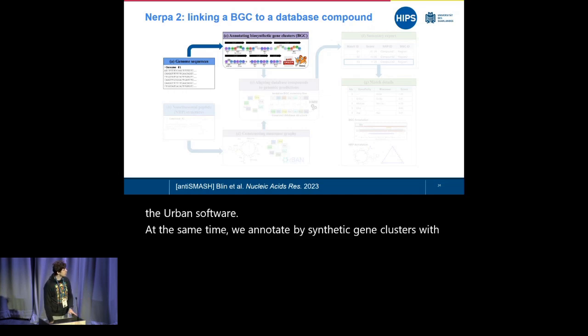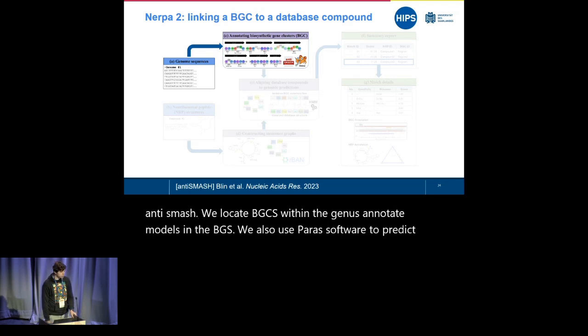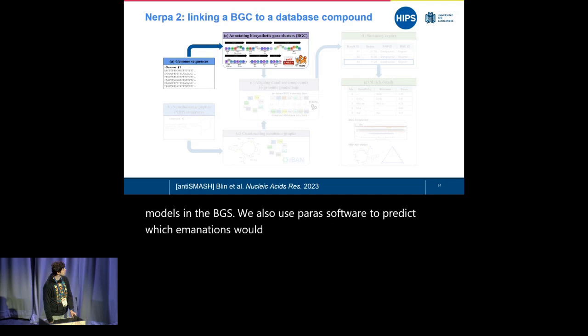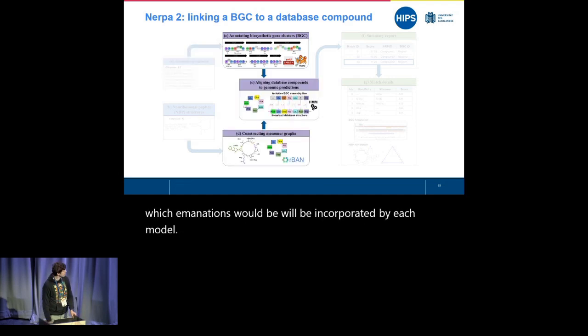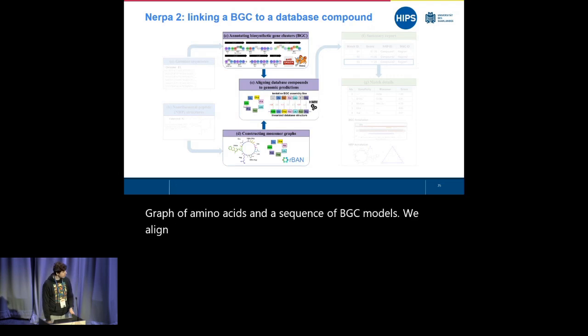We locate BGCs within the genome and annotate modules in the BGCs. We also use the PARAS software to predict which amino acids will be incorporated by each module. Then, given a graph of amino acids and a sequence of BGC modules, we align them against each other.